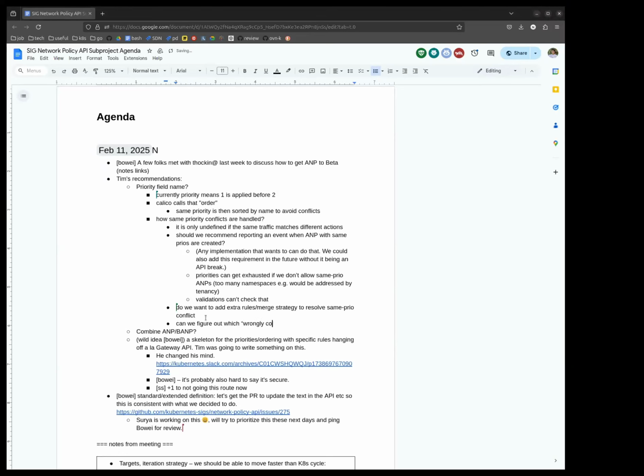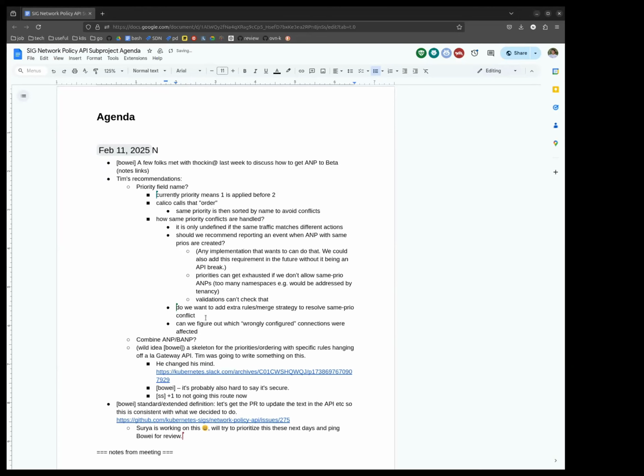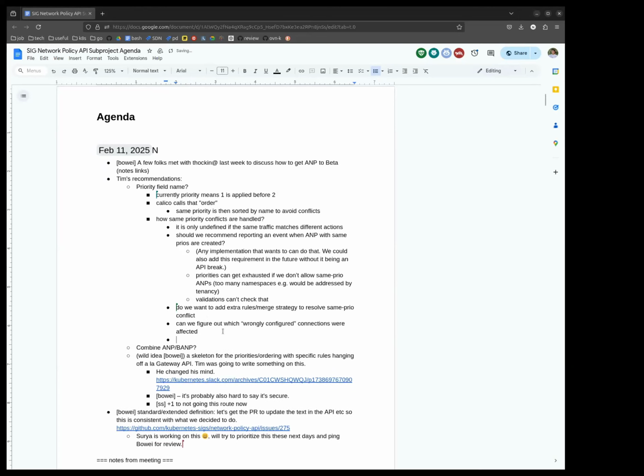So I think Dan put something in the chat that's quite useful to boil it down. If you have two policies that apply to the same traffic at the same priority, there's going to be one rule in each policy that would be the first rule to match that traffic, and one of those rules wins, either policy A's first rule to match the traffic or policy B's.